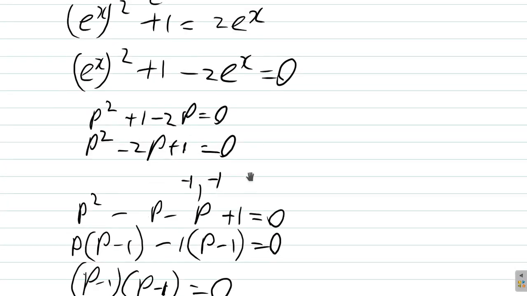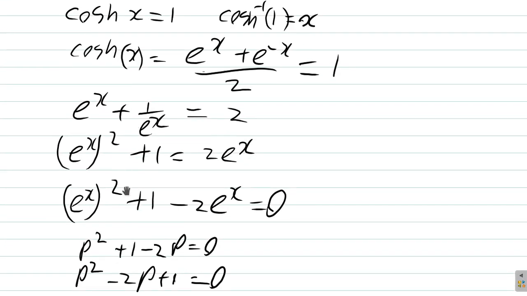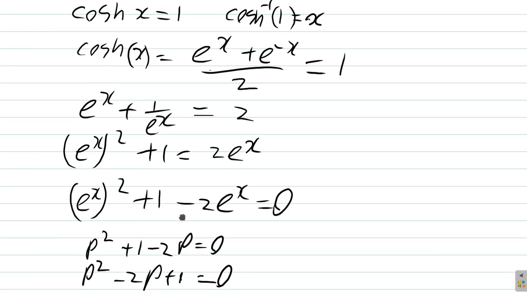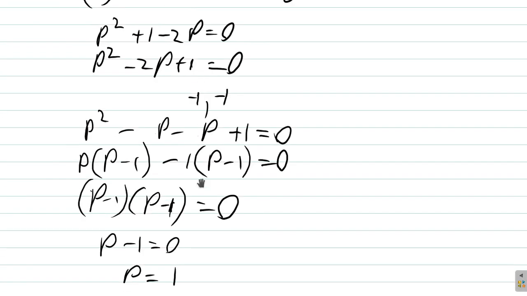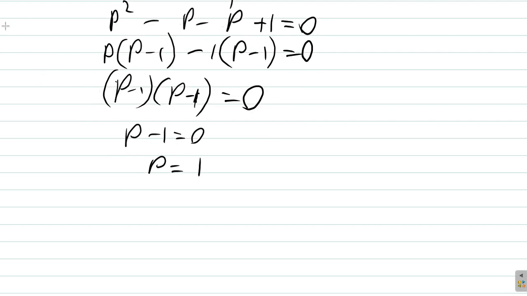So if p is 1, then e to the x is 1. So e to the x is equal to 1. We know that e to the 0 is 1, so x would have to be 0.